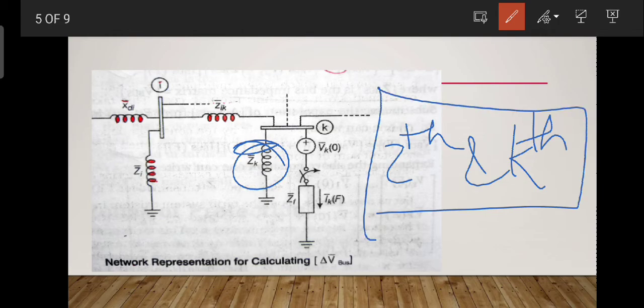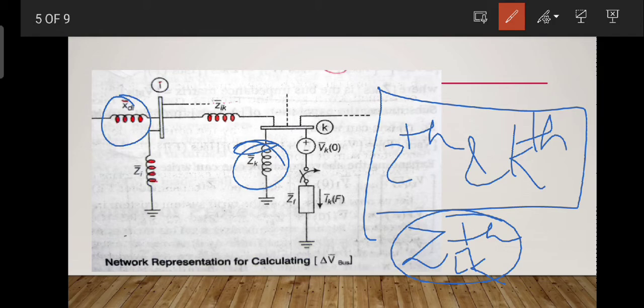Okay, it is the equivalent load impedance, and Z_ik is the impedance of the line between the ith and kth buses, and here X_d is the appropriate generator reactance with Z_i, the ith bus impedance.